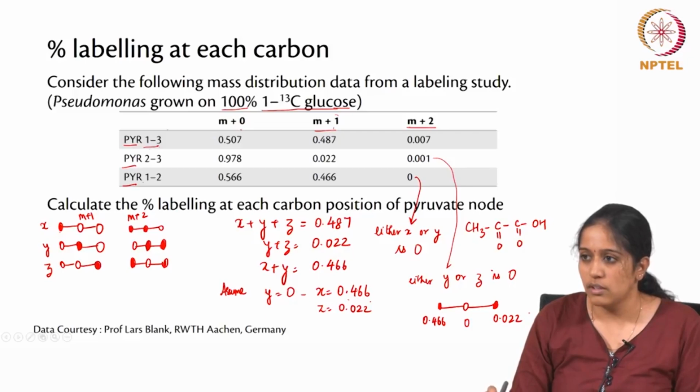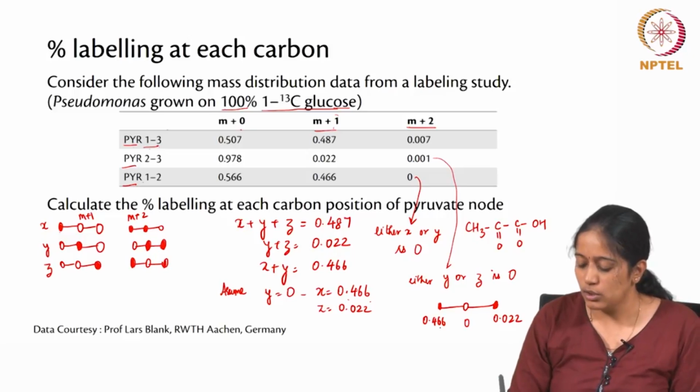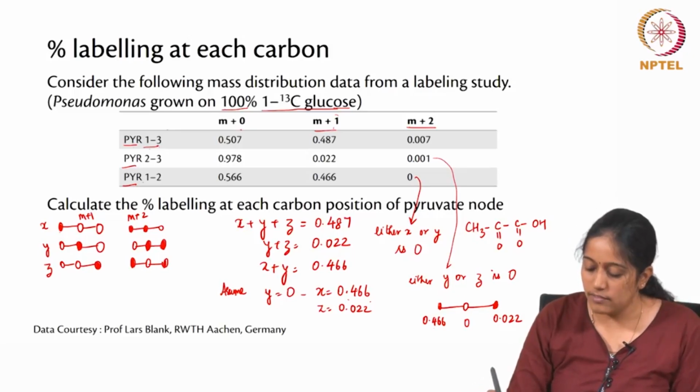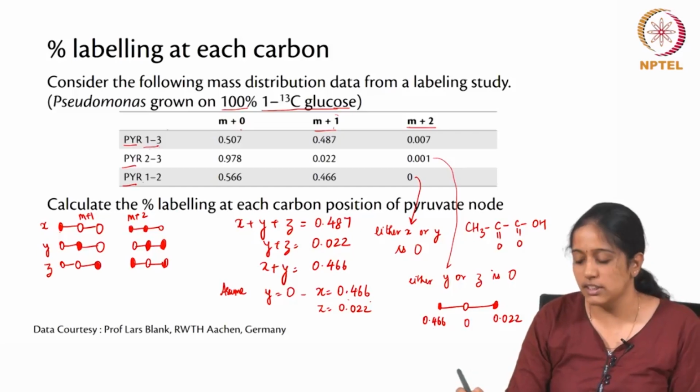There could be another case as well where z is 0, and you can try and simulate it by yourself, but this is just an example to show you how it works. So, if I have this distribution, I can say that the first position is labeled with a probability of 0.466, the third position is labeled with a probability of 0.022, and the second position has no label at all.